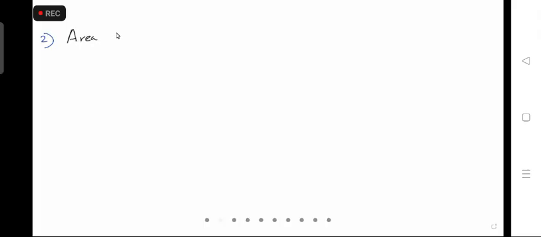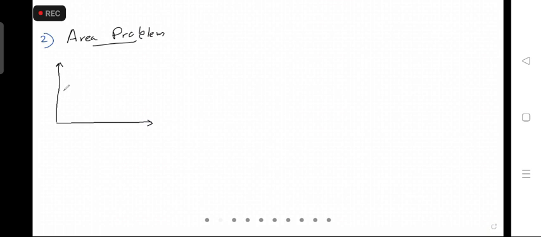The second one is the area problem. This is a new concept you have to understand: what we are going to do with the limits. In this challenge also, if we don't know the limits, we cannot achieve the goal.